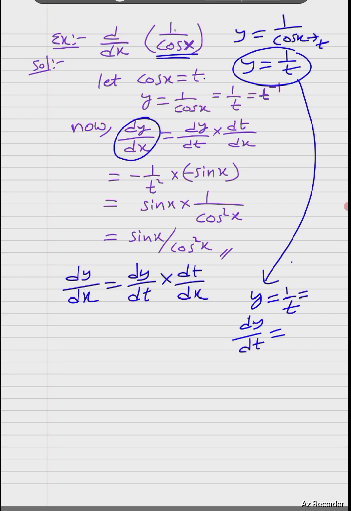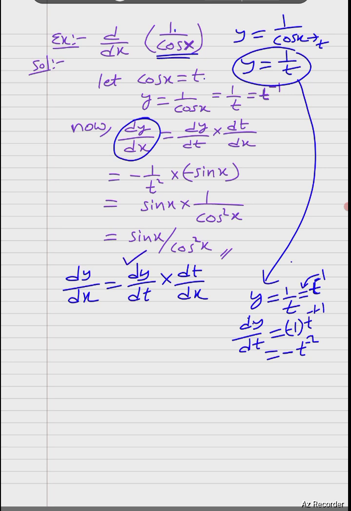This can be written as t power minus 1. Derivative of t power minus 1: the power comes in front, minus 1 times t, and in the power 1 will be reduced, minus 1 minus 1. So what is the answer? Minus t power minus 2. That is dy by dt. We are done with the first part.